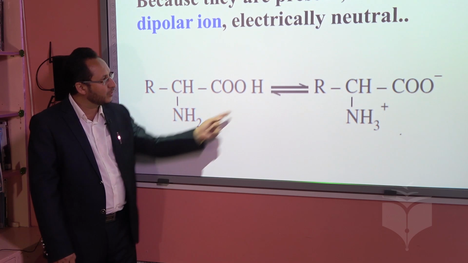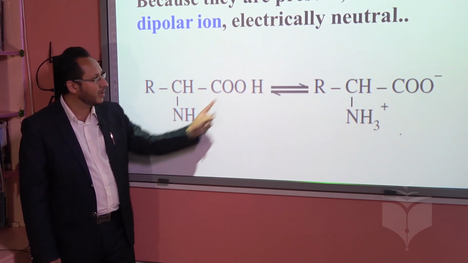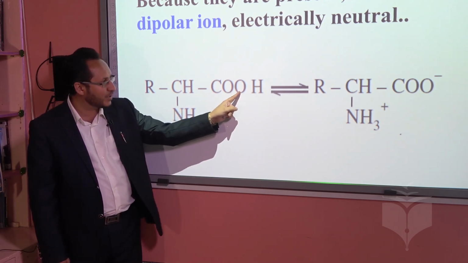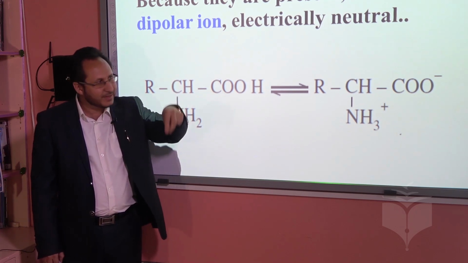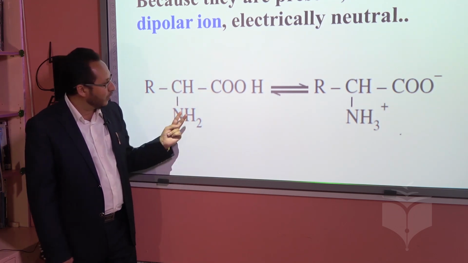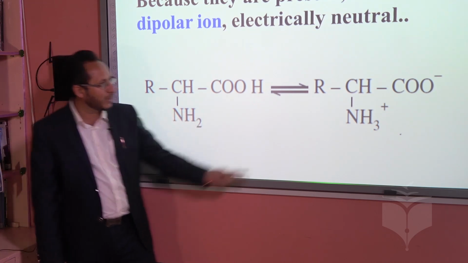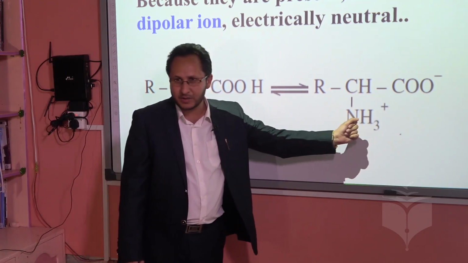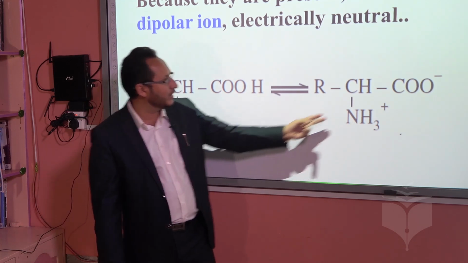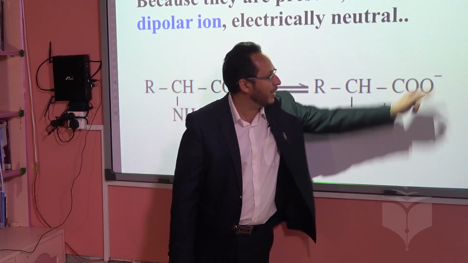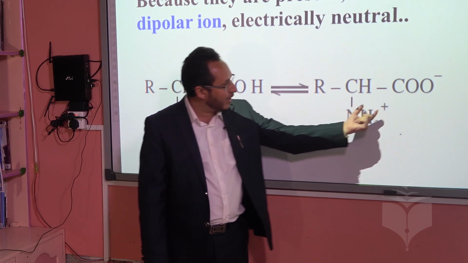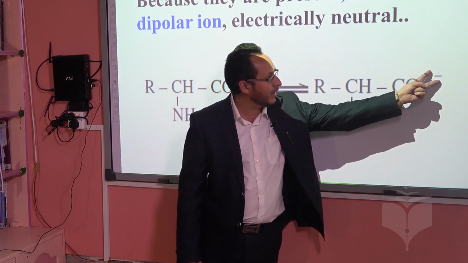This pair of electrons takes this H, because this is a base reacting with an acid in the same molecule. When this H transfers to NH2, we get NH3 plus because of the loss of electrons, and the other group gives COO minus. Here we have a positive ion, and this is a negative ion.